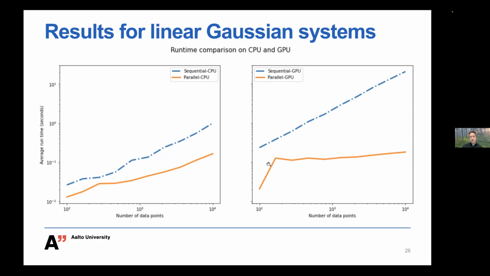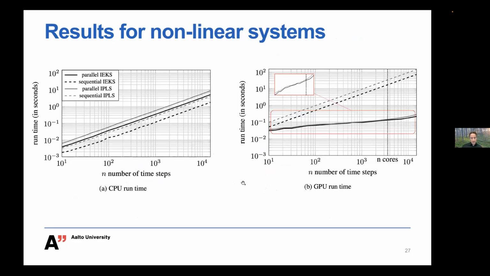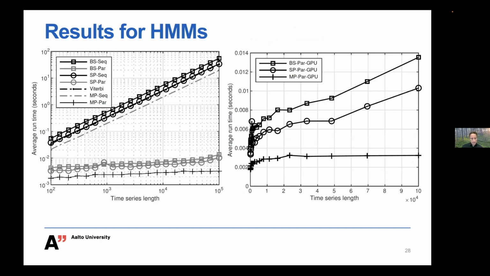How the number of cores is related is that, of course, we can parallelize only up to the number of cores, so it's not going to be perfectly logarithmic. And this is for nonlinear systems, but we should see the same kind of effects here. This is using the iterated Taylor series based approximate Kalman filters and also the sigma point versions. And then for HMMs, you get similar effects over here.